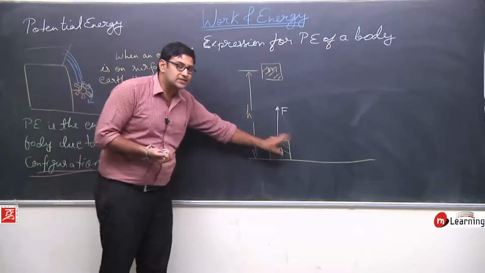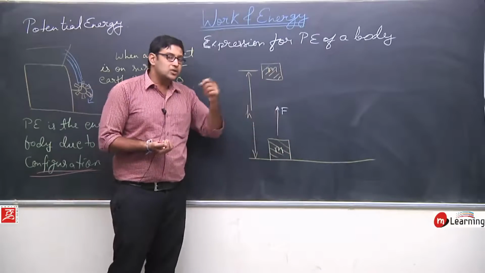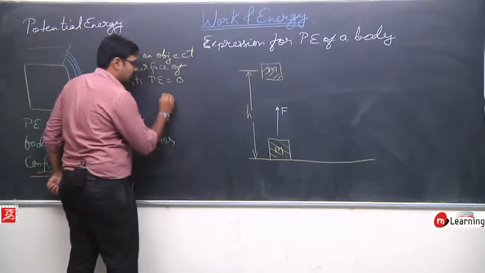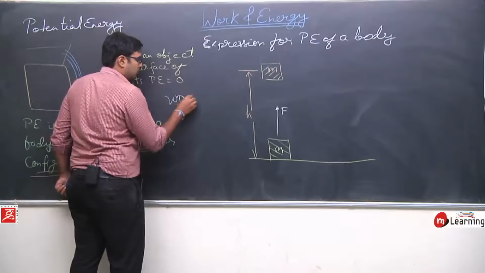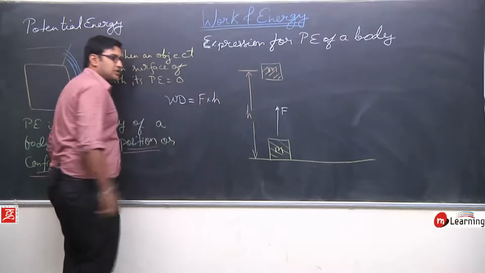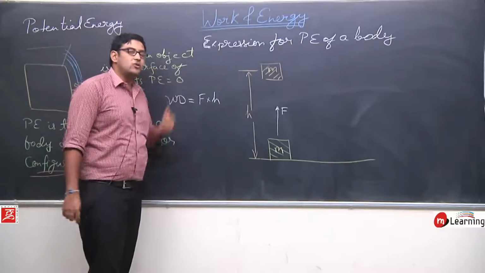So I displaced this block from this position using this force F. So here I will say the work done on the block will be equal to force into displacement, that is F into h. Now what is force?